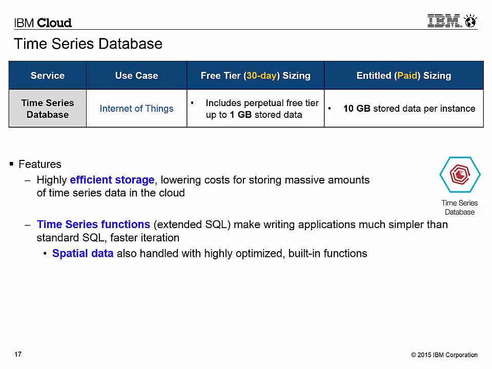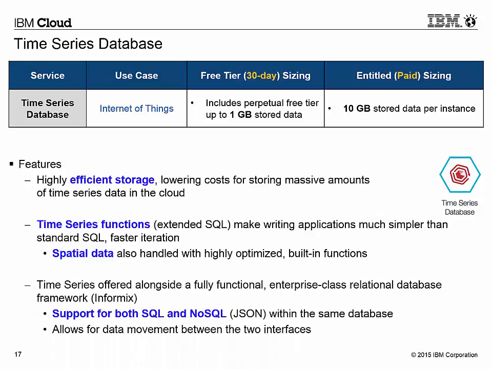And it also offers SQL extensions that make it easier to write applications because you can do more complicated operations on time series data. It also has extended functions for handling spatial data, so you can do complex queries that involve GPS coordinates.